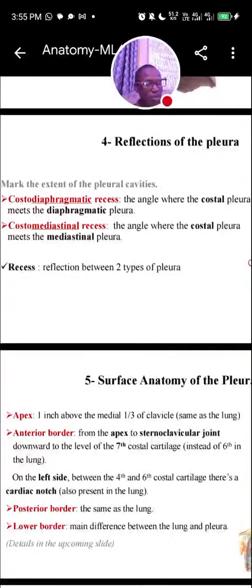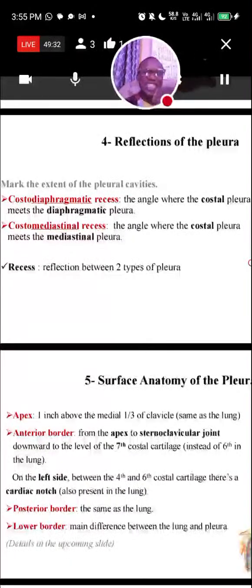Where we say MDCC: mediastinal pleura, diaphragmatic pleura, costal pleura, and cervical pleura. MDCC. You see, this is another thing. You must learn it this way.